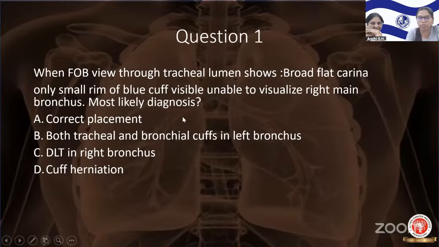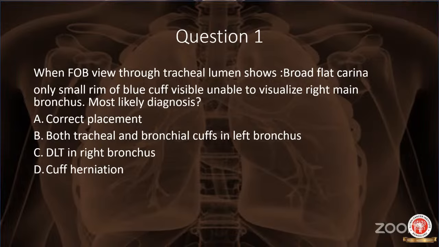B, the tracheal and the bronchial cuffs are in the left bronchus and the DLT is in the right bronchus. D is cuff herniation. C maybe.